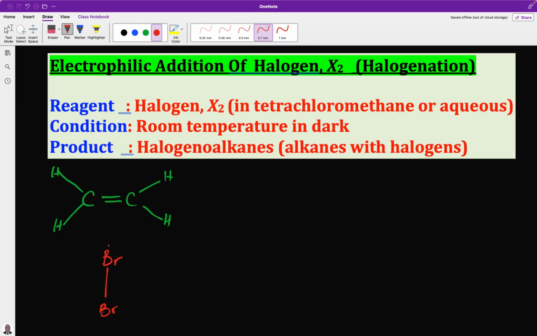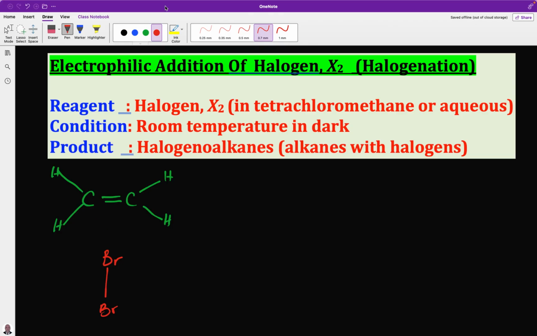There will be an instantaneous dipole, a temporal dipole. It induces a dipole into this bromine molecule.